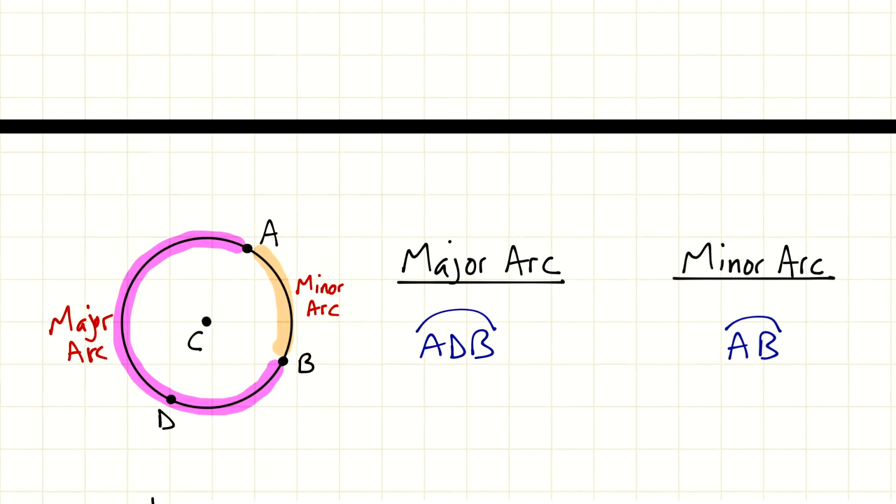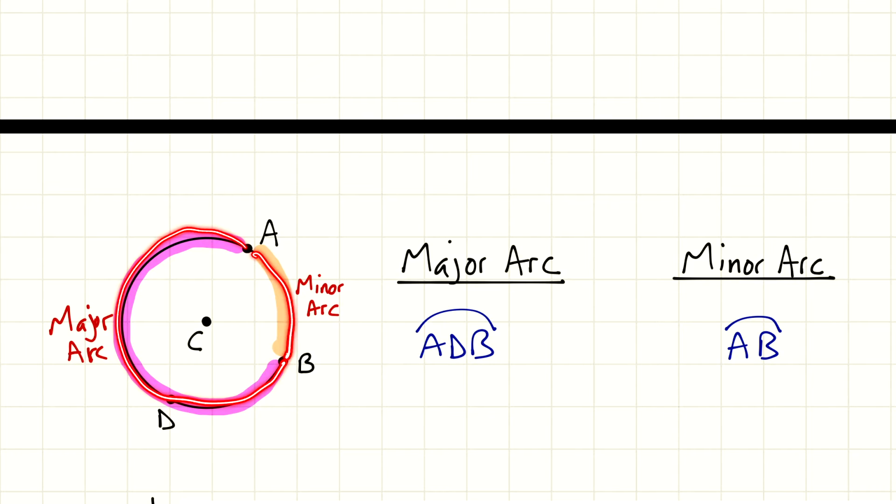So when we look at a full circle, in this case, this one given to us, when we talk about a major arc, this is the arc that takes up the majority of the circle. So majority meaning most. So when I talk about major arc, I'm talking about the larger of the two.